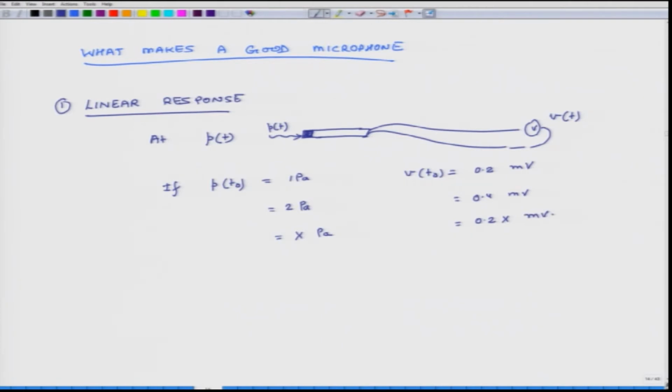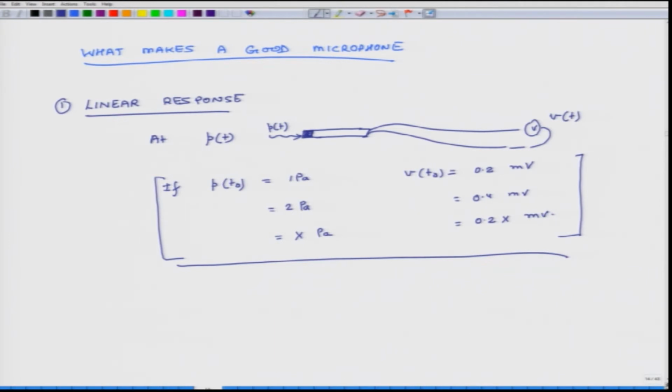So this linear relationship between input and output should be preserved by the microphone for all frequencies and for all amplitudes. It should not be that for only some frequencies. This is very important, because if it is not linear, then you will not know: my voltage went up by a factor of 100, but I do not know whether in reality pressure really went up by 100 or it went up by 200 or 50, because it is not a linear system.